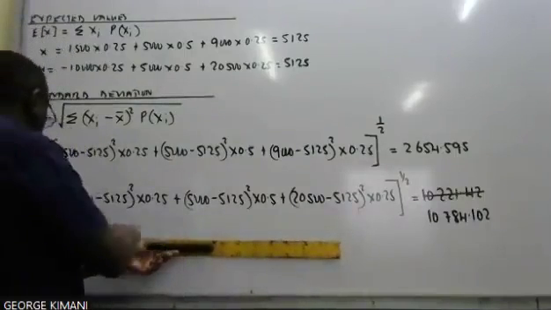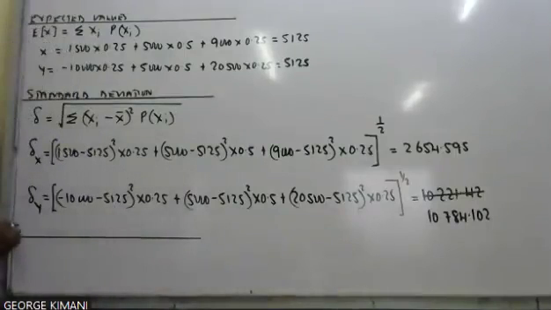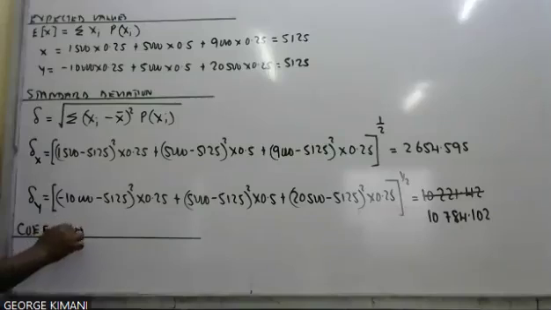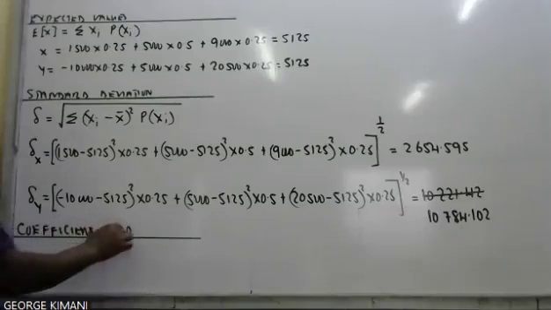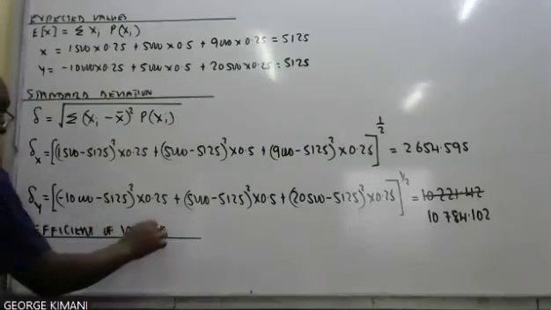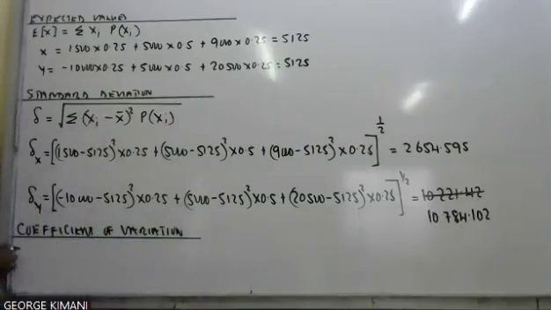The third item that you need to compute is called coefficient of variation. Now CV is given as standard deviation divided by the mean times 100.